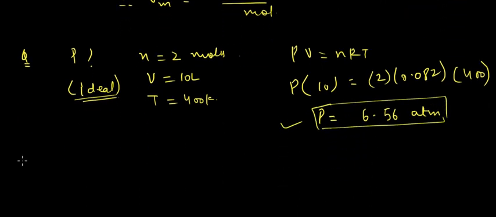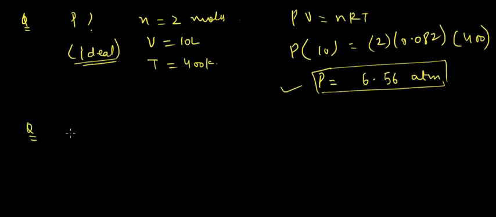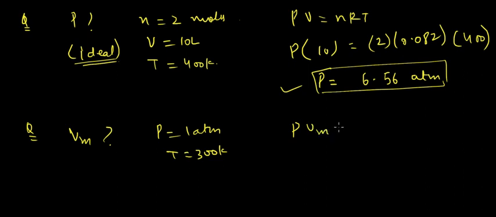Now let's do another question. You have to calculate the Vm of a gas at 1 atm and 300 Kelvin. Obviously PVm equals RT for an ideal gas. Unless it's specifically mentioned that it's a real gas, we'll be treating the gas as an ideal gas.